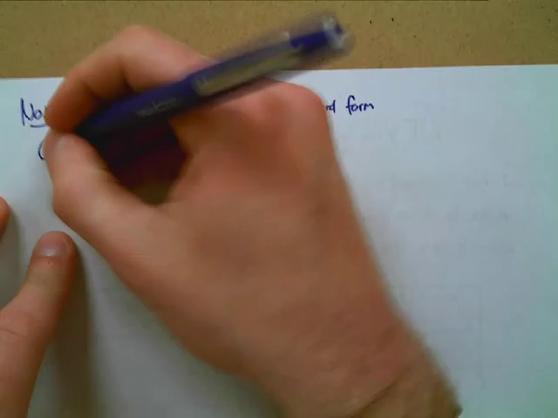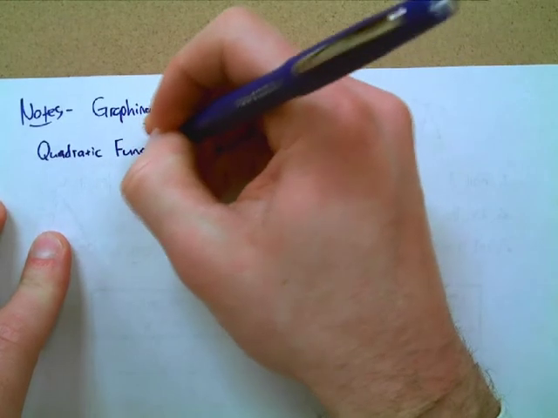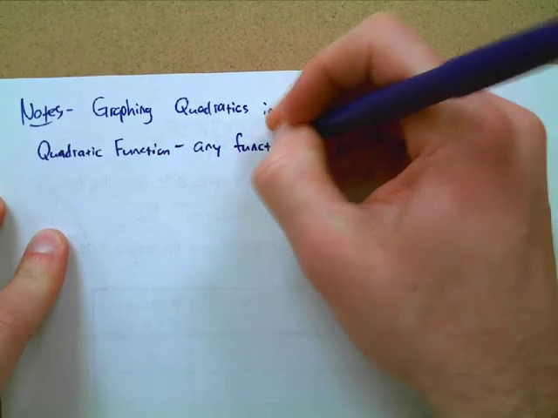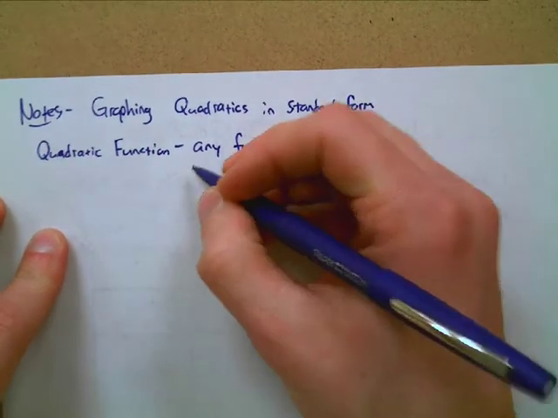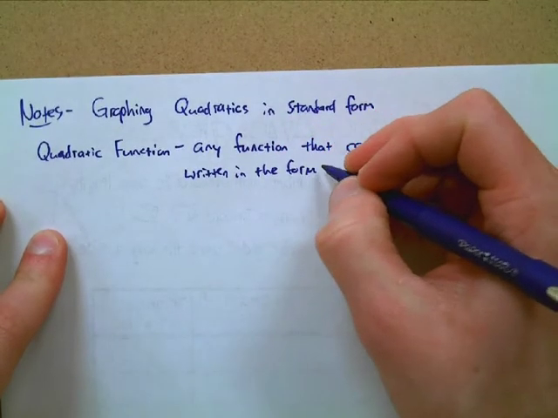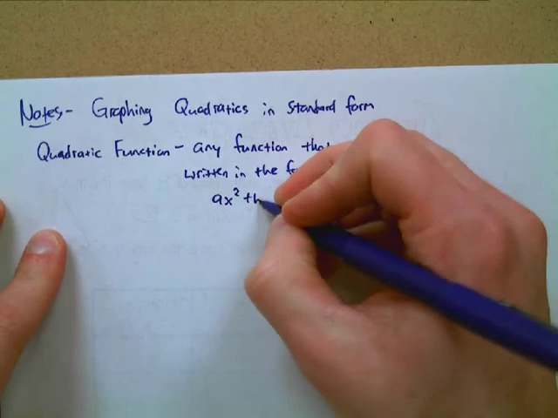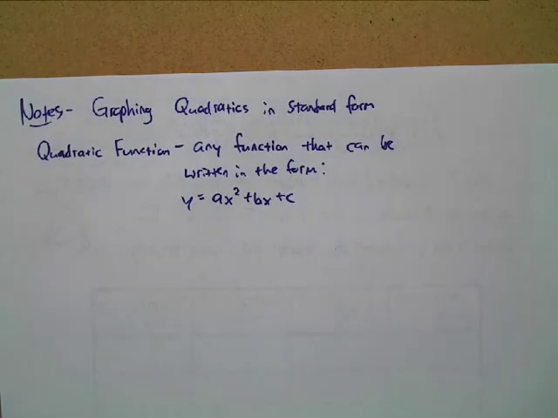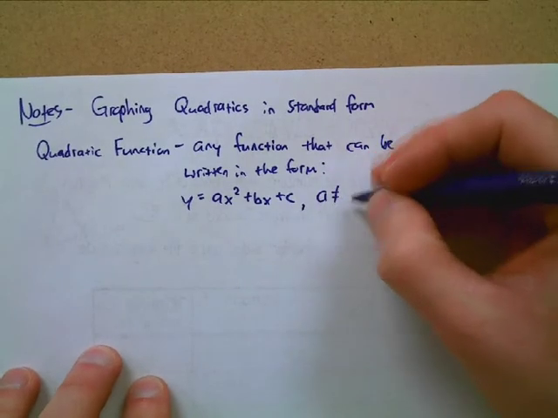A quadratic function is any function that can be written in the form y equals ax squared plus bx plus c, with one little caveat: we have to further specify that a cannot be equal to 0.